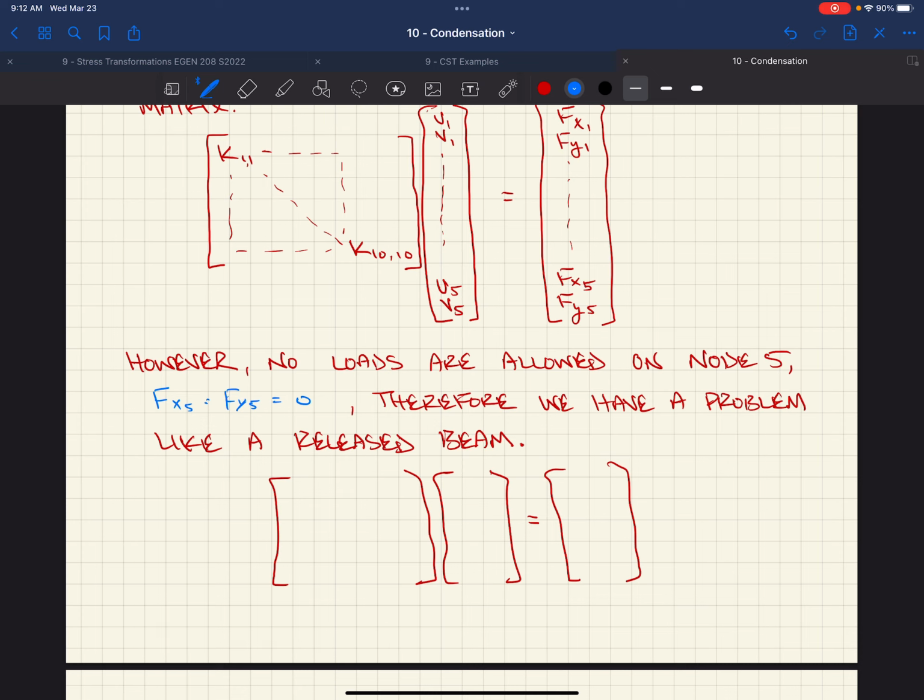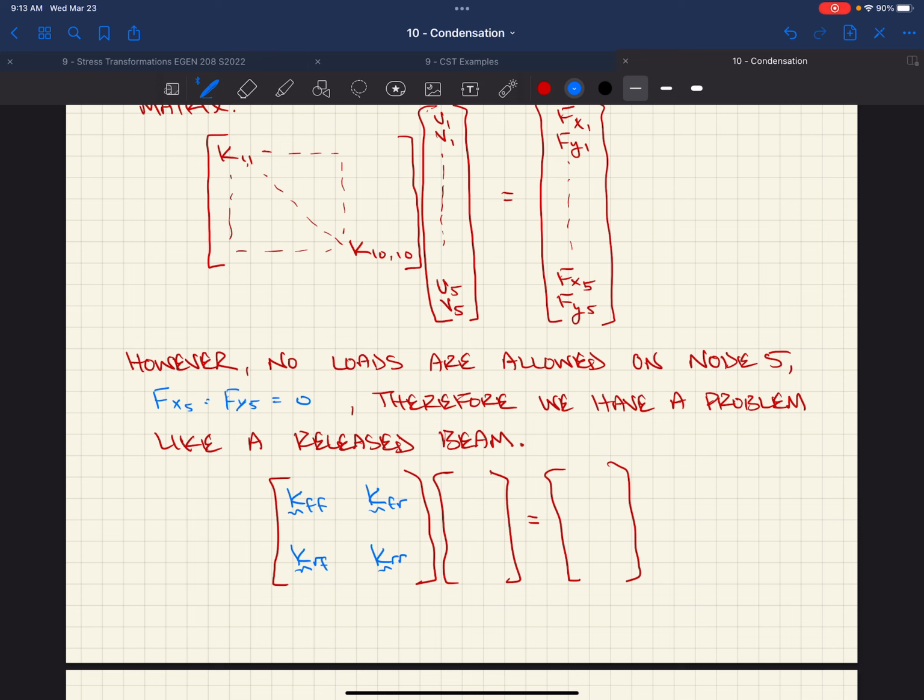Well, in order to do that, if you remember, we take this now assembled matrix C and we start partitioning it, right, rearranging it based on the fixed degrees of freedom and the released degrees of freedom. So we end up with this, if you remember, KFF, KFR. This is KRR. And this is KRF, right?